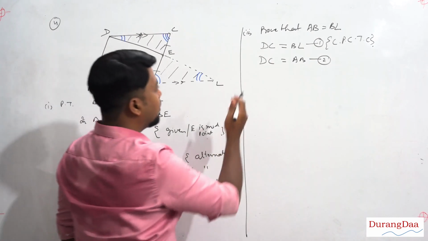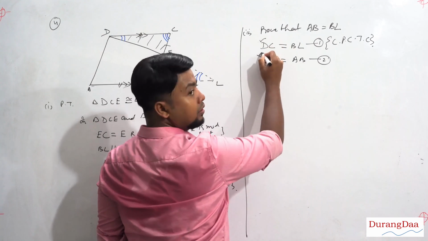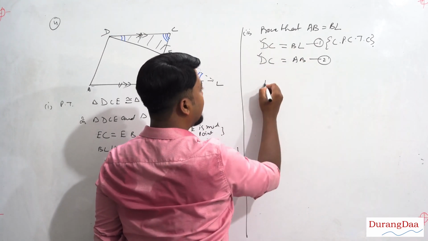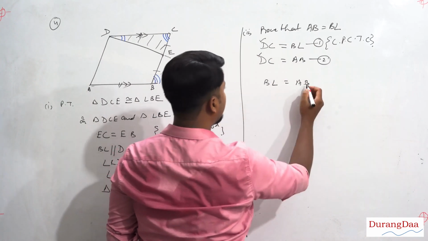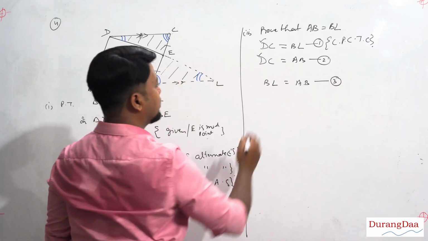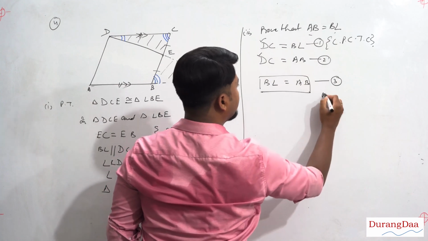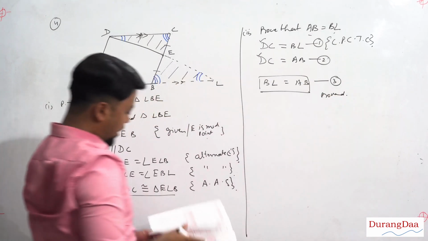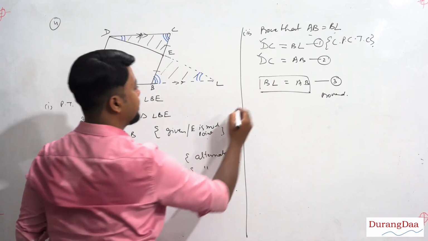Alright. Now, look carefully, the left hand side of both the equations is DC. So, we can equate it. So, we will get BL equals AB. Mark it as equation number 3. So, this is what we had to prove here, BL equals AB. So, it is proved.